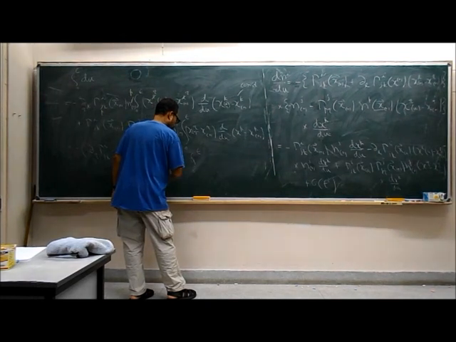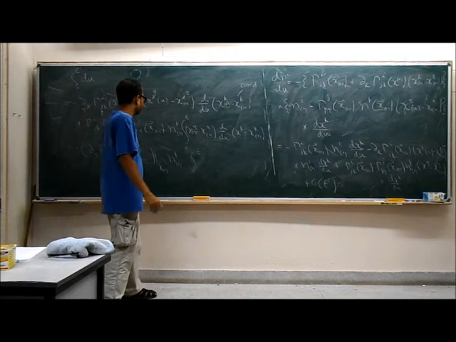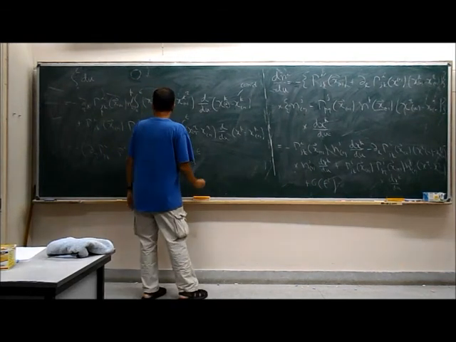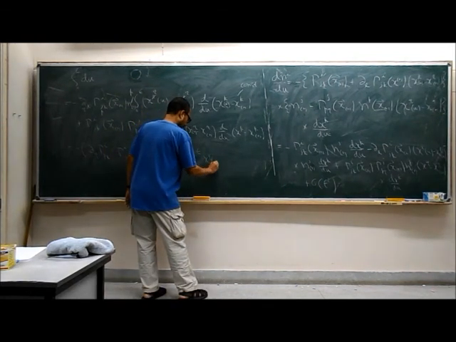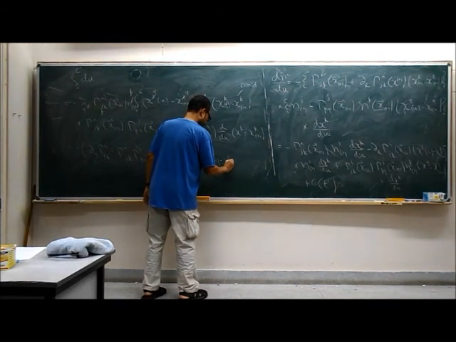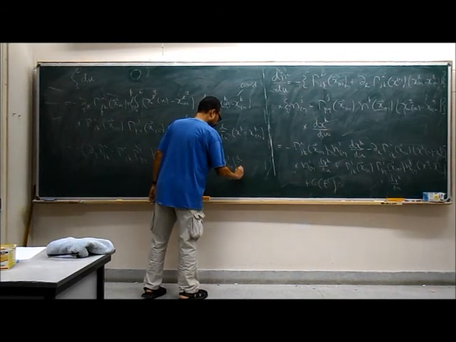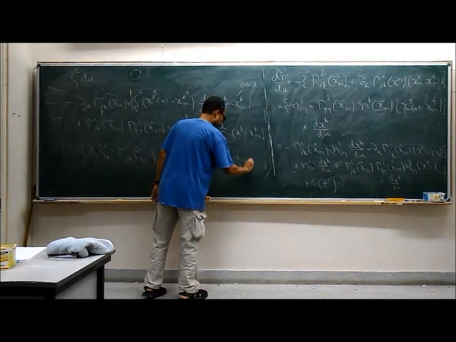I can write it actually as a contour closed: the initial and the final points are the same. x q minus x q naught, d du of x q.